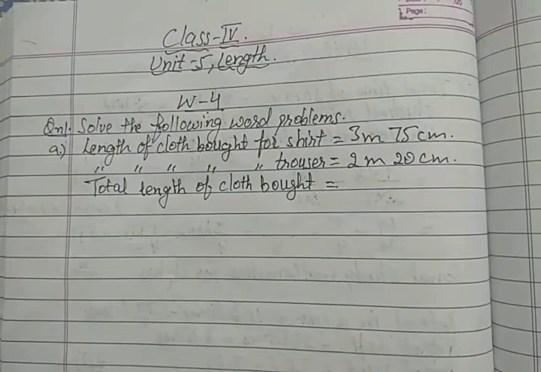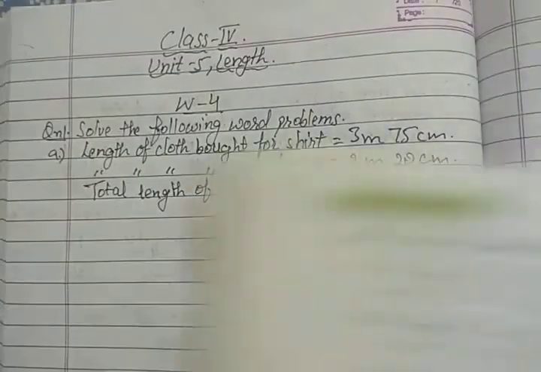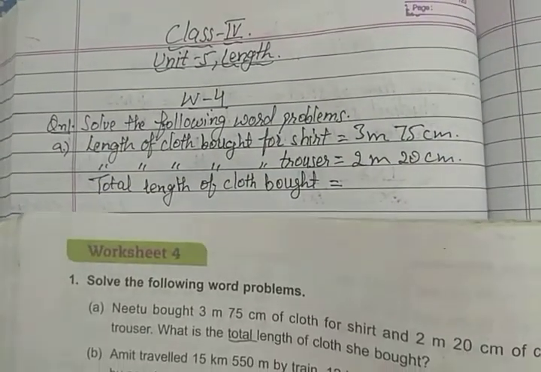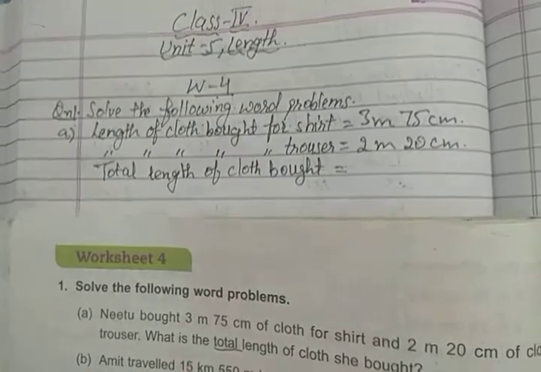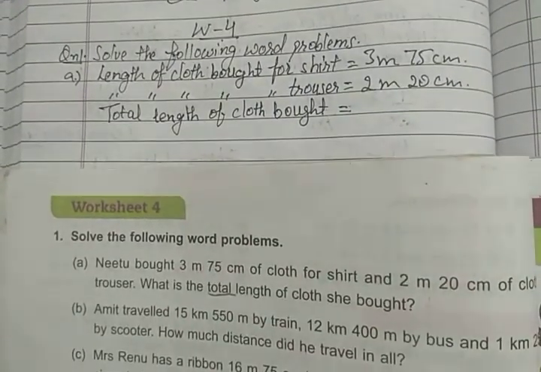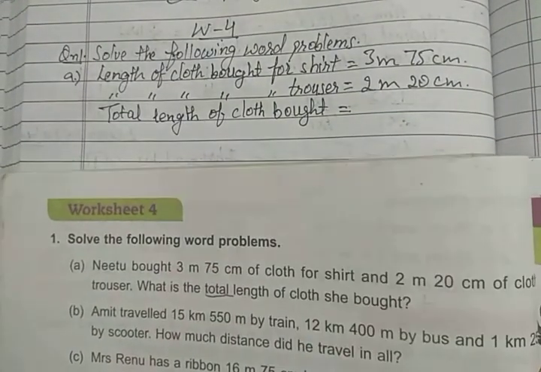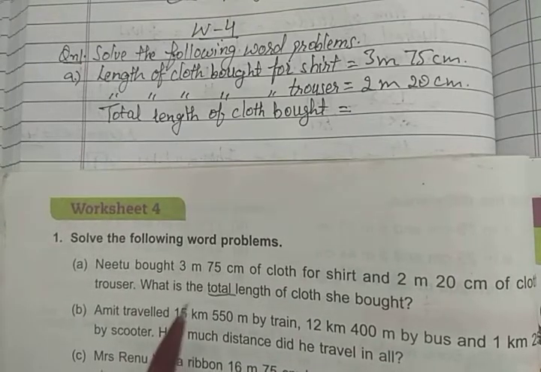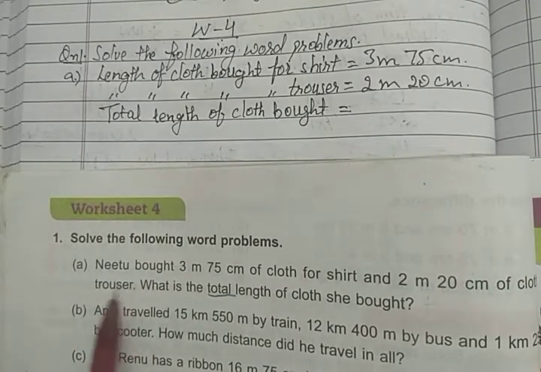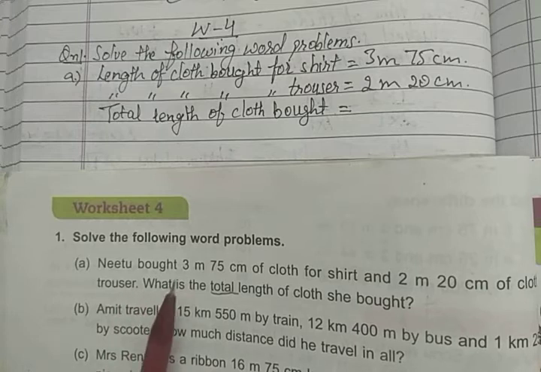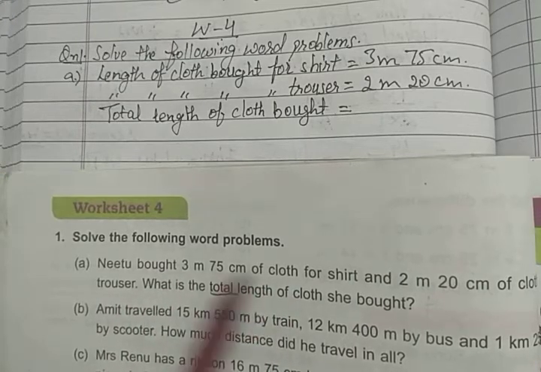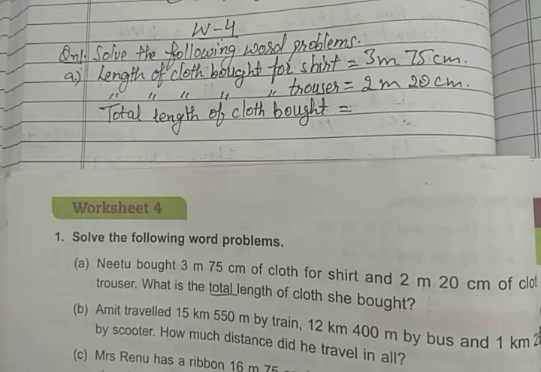Now see here, I am making the statement from the question only. I am not writing anything myself. You can see here, first of all we will write what is given. So what is given here? Length of cloth bought for shirt.